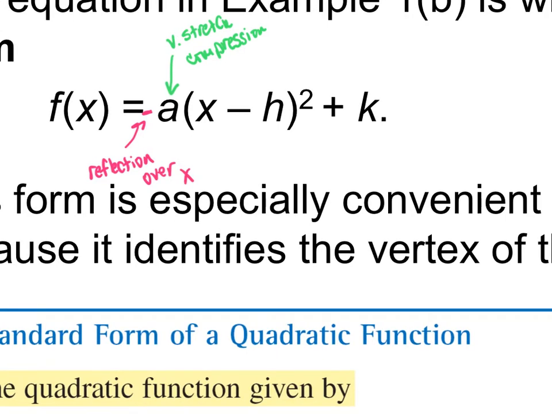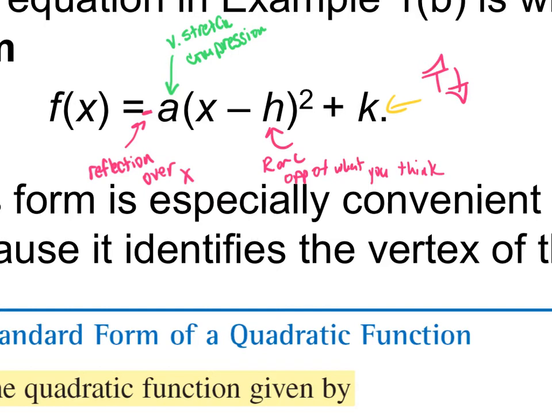What happens here? We already went through this. It's the shift to the right or the left, and it's what? The opposite of what you think. And then our k at the end is our up and down, our vertical shift.